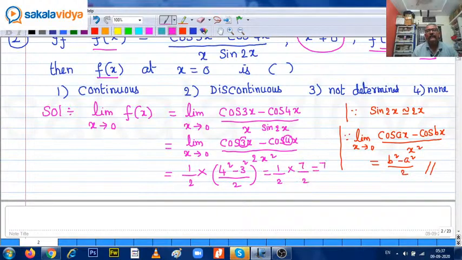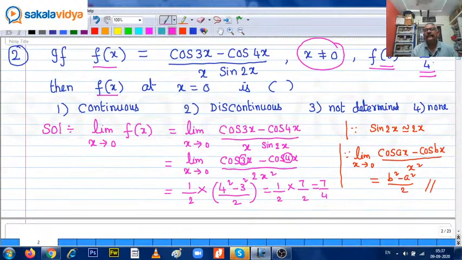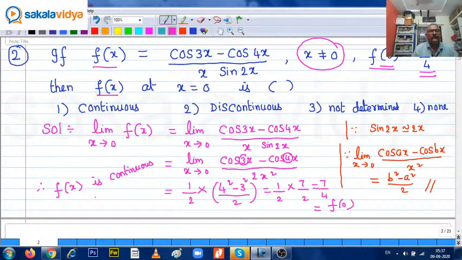This will be 7 by 4. You check what is given here. F of 0 is 7 by 4. So obviously equal to f of 0. So therefore f of x is continuous at x equal to 0. That's why first option is the right option.